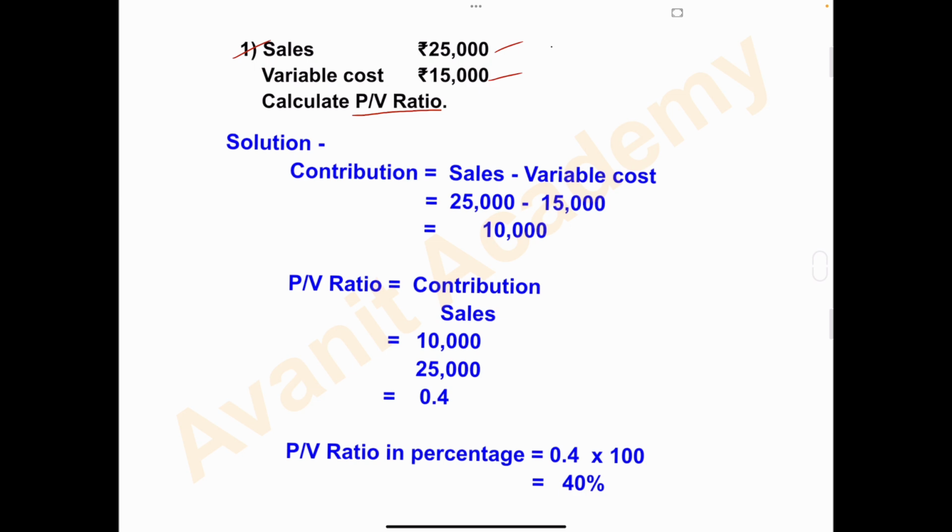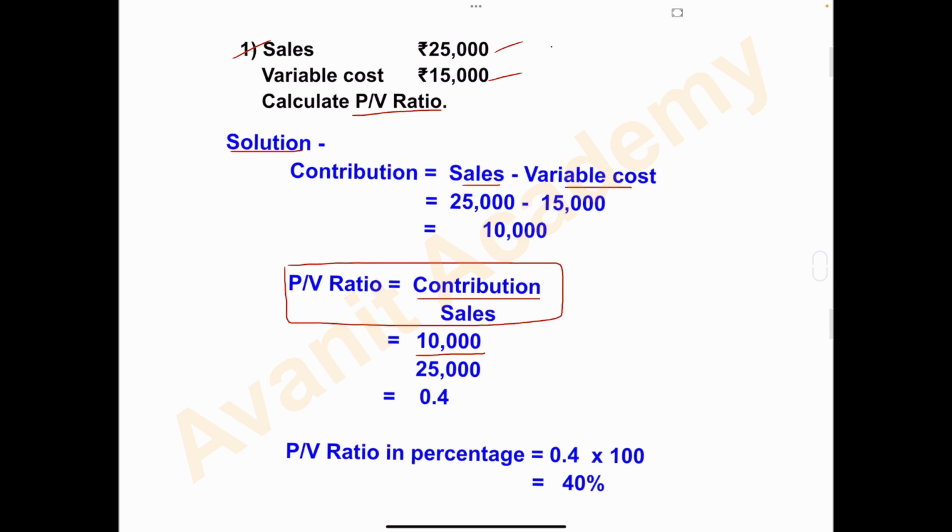So here we'll apply this formula. PV ratio is equal to contribution divided by sales. Contribution is not mentioned in the problem, so we have to calculate, right? Solution. Contribution is equal to sales minus variable cost.